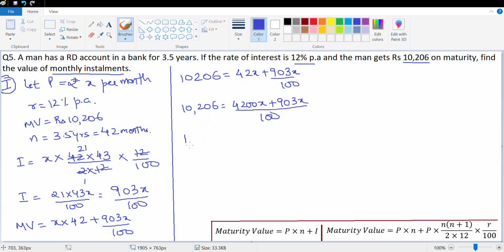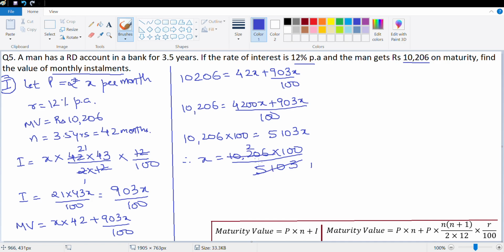Let's cross multiply. So this would be 10,206 into 100 is equal to 4200 plus 903, that's 5103x, which means x would be equal to 10,206 into 100 upon 5103. I think this is fairly simple.